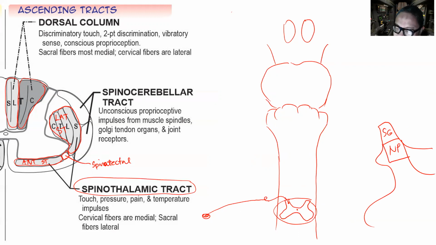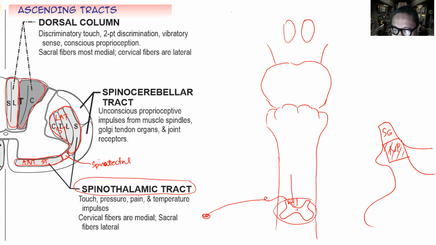It synapses here, and it goes here. These are your dorsal columns. Why two? We'll see in a little while.